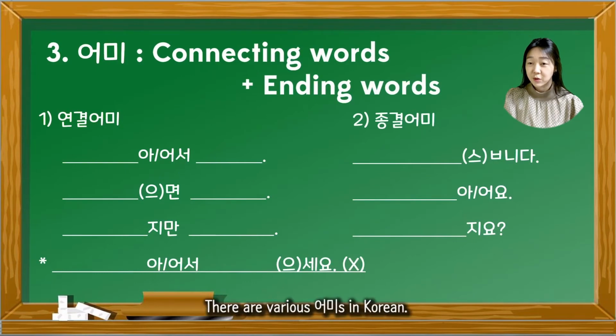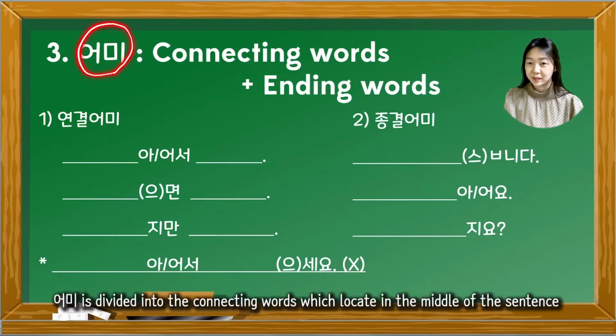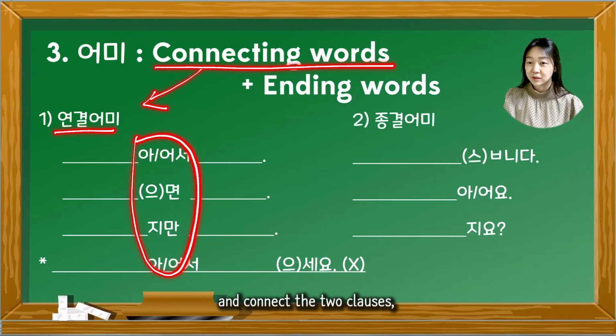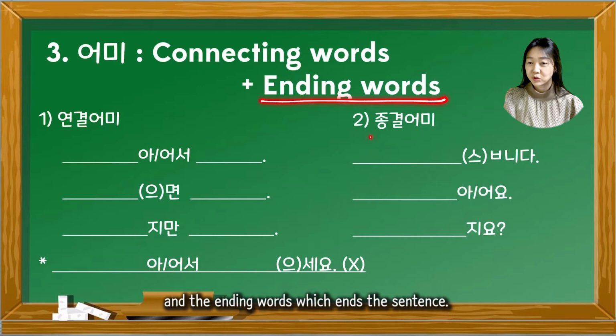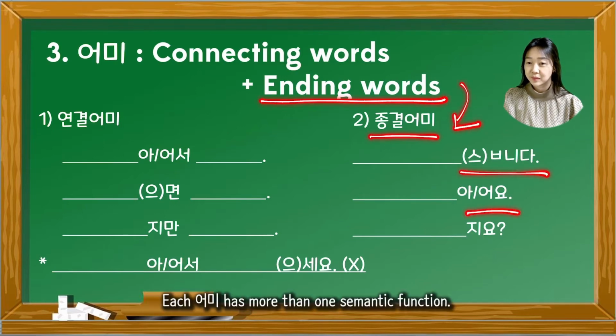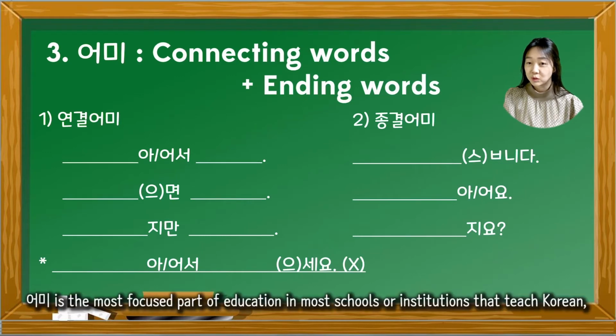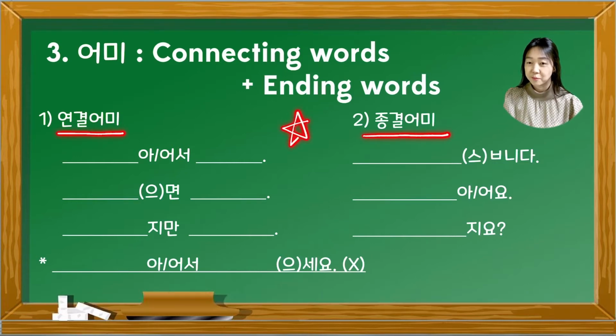There are various 어미 in Korean. 어미 is divided into the connecting words which locate in the middle of the sentence and connect the two clauses, and the ending words which end the sentence. Each 어미 has more than one semantic function. 어미 is the most focused part of education in most schools or institutions that teach Korean.